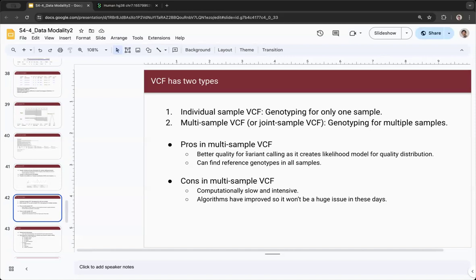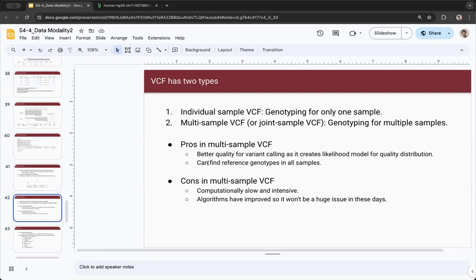It gives better quality for variant calling because you merge multiple samples in your data set. You generate a likelihood model based on machine learning for the quality distribution, so you see which quality is good and which is bad, because you know the background. In this case, you can refine the high-quality calls within your data set. This is the beauty of the multi-sample VCF.